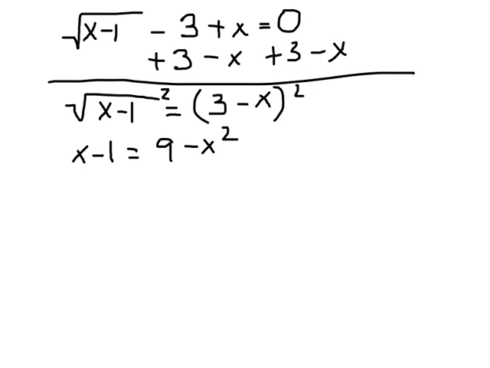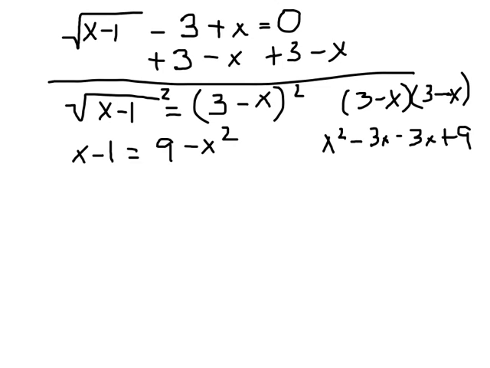Because I really need to use FOIL here to square this, when I use my FOIL, I'm going to find that I do get this first term and I do get this last term, but I also have two middle terms and I need to combine those for minus 6x.